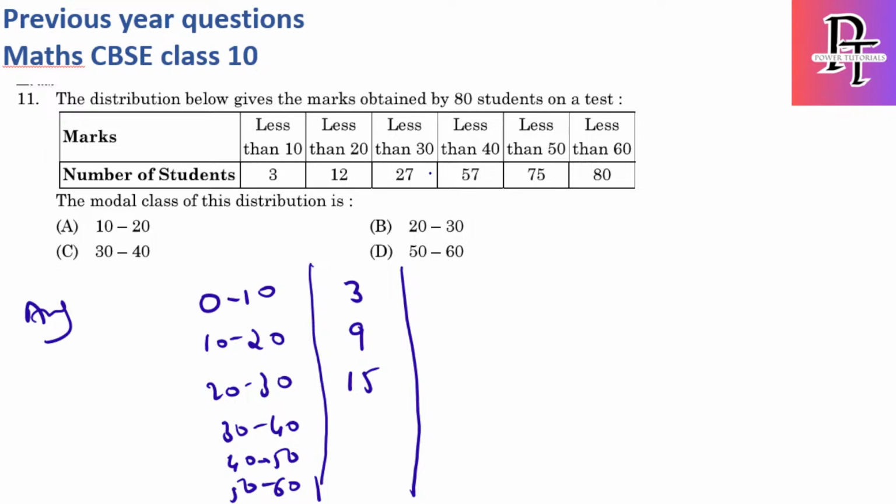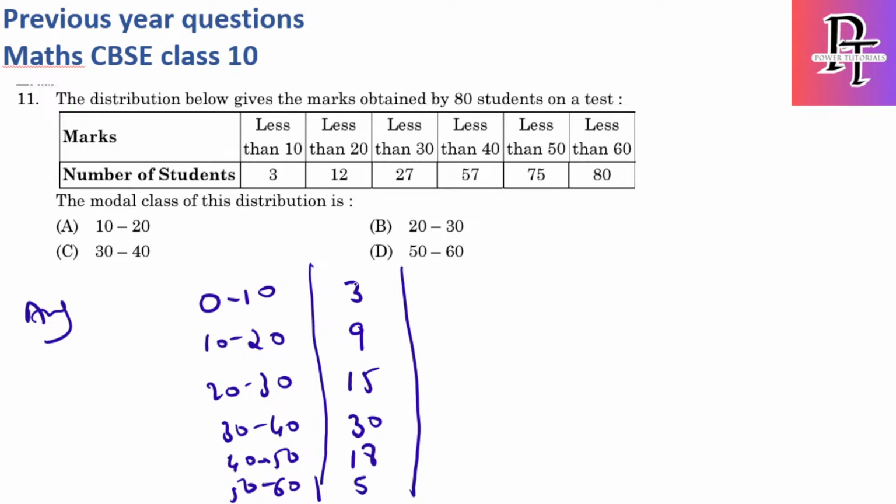So 57 minus 27, it should be 30 here. 75 minus 57, 18. 85 minus 80 is 5. So let's cross check. If you add all this, I should get 80.